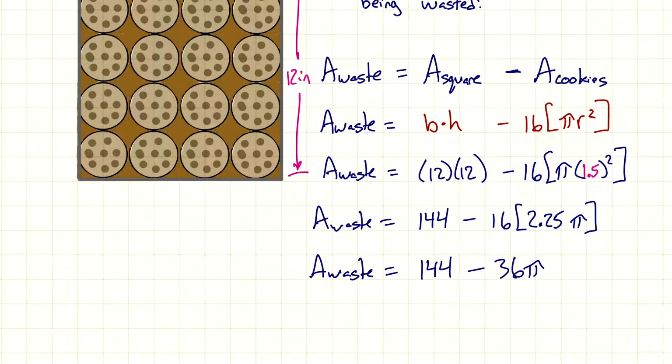All right, so this is going to be inches squared. This would be an example of an exact answer, which hopefully you're seeing. It's a really good answer. That's how you would write an answer like this.